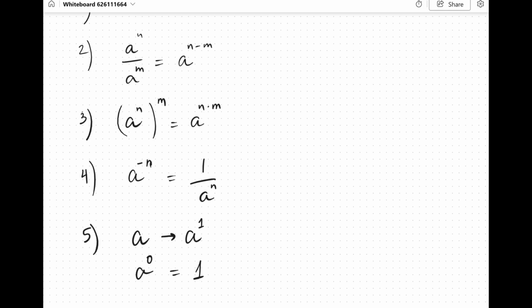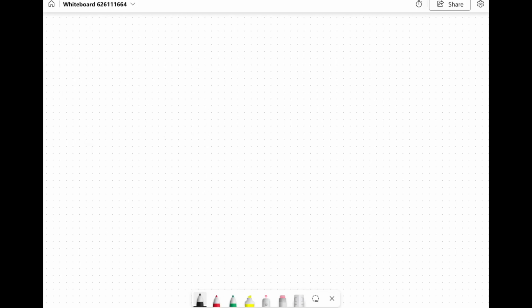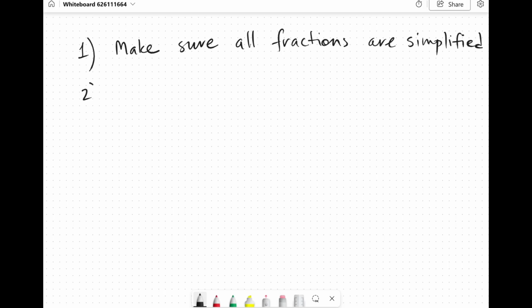Let's look at a few examples that will ask you to simplify your exponential expressions. When you're simplifying an exponential expression, keep in mind that you have to first make sure that you have no fractions that can be simplified. You have to make sure that all coefficients are multiplied.